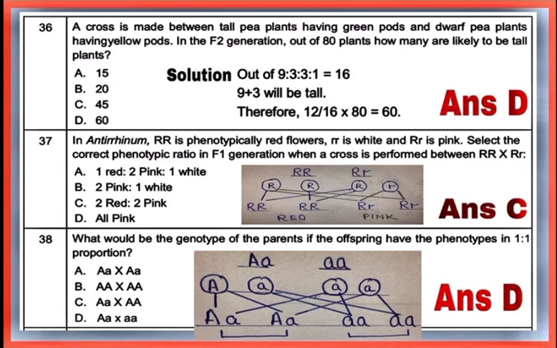Answer is option C. We will get 2 red and 2 pink flowers. Make the cross as shown in the diagram to get the answer. Question 38. What would be the genotype of the parents if the offspring have the phenotypes 1:1 proportion? Option D. Capital A small a crossed with small a small a. Check the cross to get the answer.